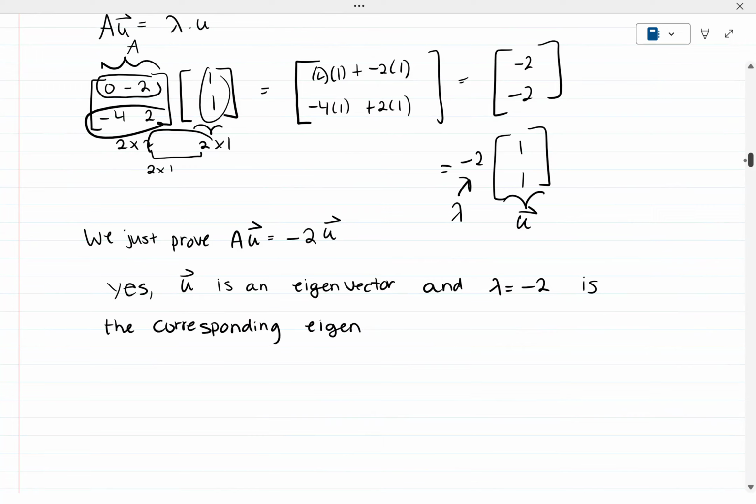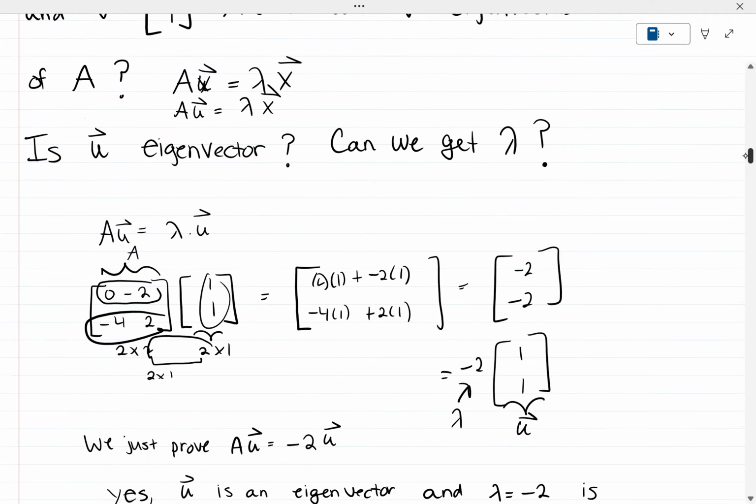So let's do the next example. Remember they were asking two parts. The second part was asking, is vector u an eigenvector? So the second part of the question says, is vector u an eigenvector? Let's see.